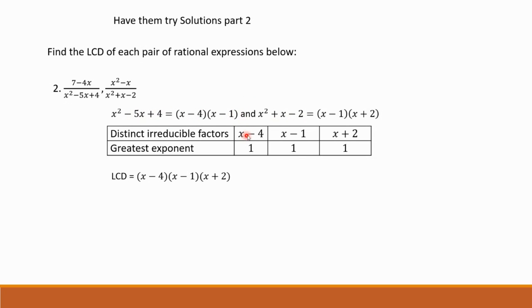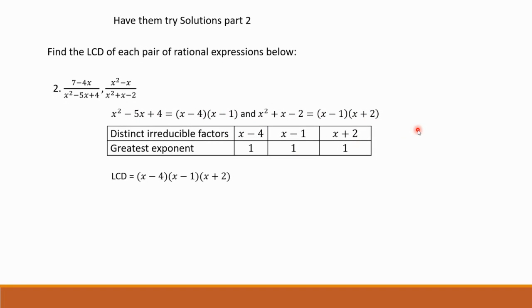Now we can get the irreducible factors. So x minus 4, that's 1. That doesn't appear here. The only exponent of it is 1. X minus 1 is here and here, both exponents are 1. X plus 2, the only exponent of it is 1.